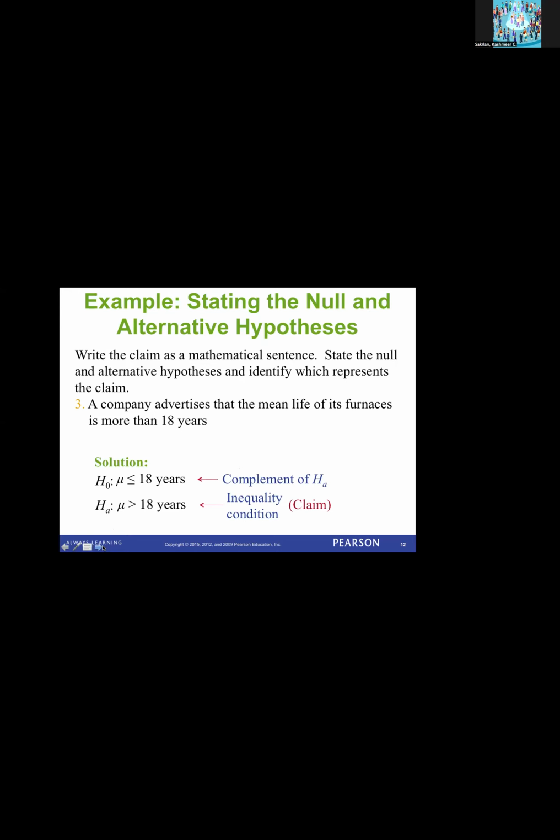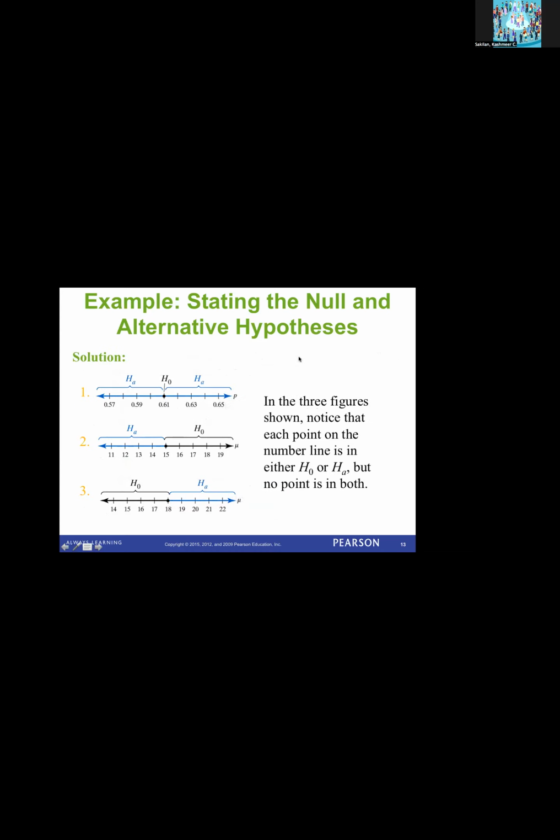Remember, they are complementary based on the given three possibilities. Since the problem states more than 18 years, and more than means greater than, we have mu greater than 18 years. Since this is the one stated in the given problem, we classify it as the alternative hypothesis.